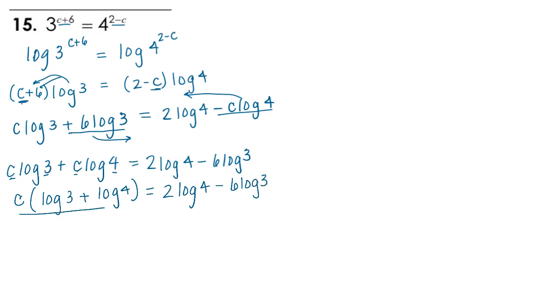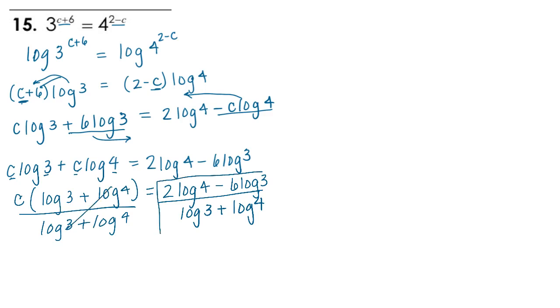And now you're going to divide by log 3 plus log 4, or if you just wanted to do log 12, that would also work. So do make sure you use your fraction key on the calculators because it will make typing this in a little bit easier. And once you have all of that typed in, that's going to be your final answer.